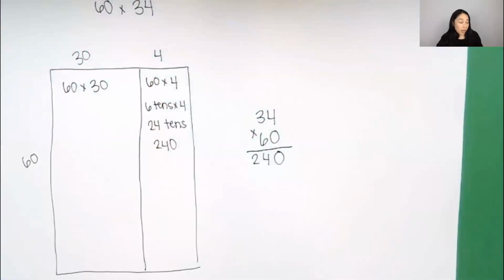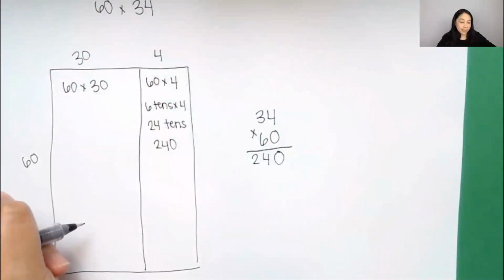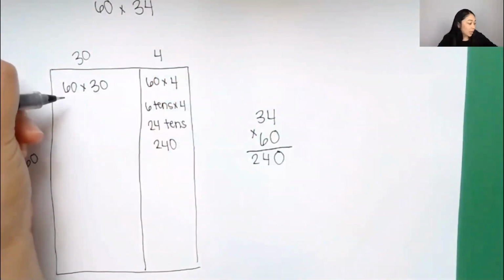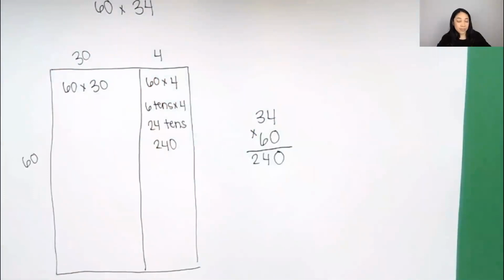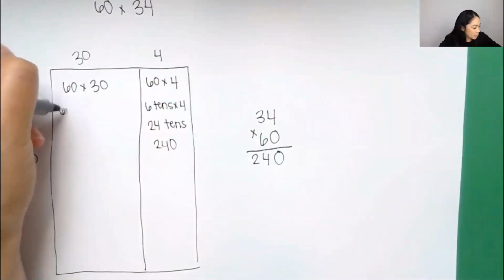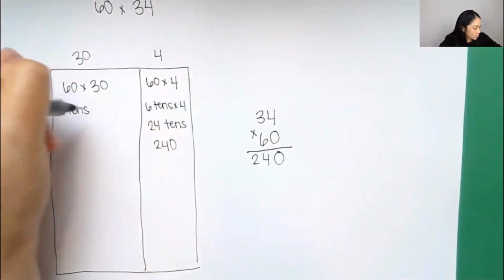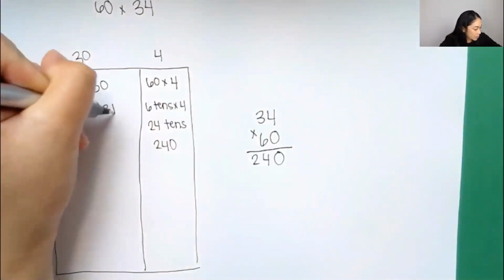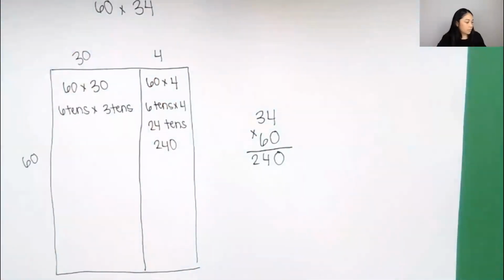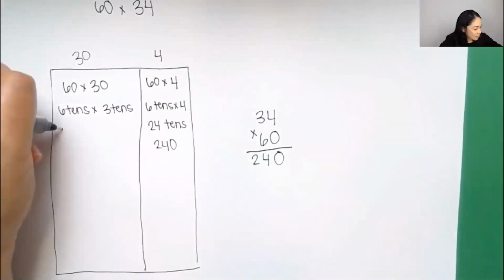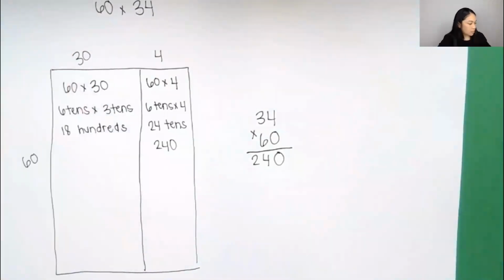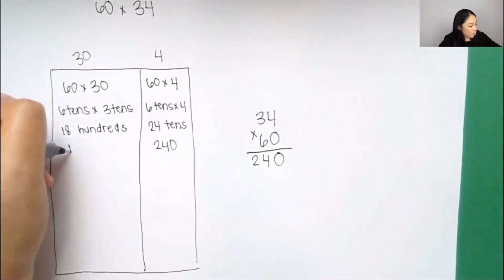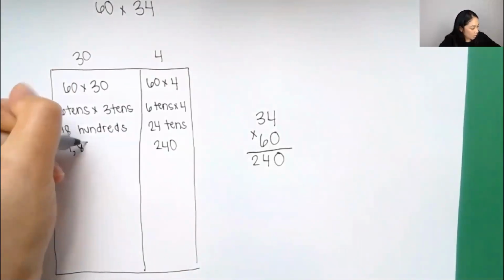Now we'll record the partial products of this larger rectangle. 60 times 30 in unit form is 6 tens times 3 tens. And that equals 18 hundreds, or 1800.